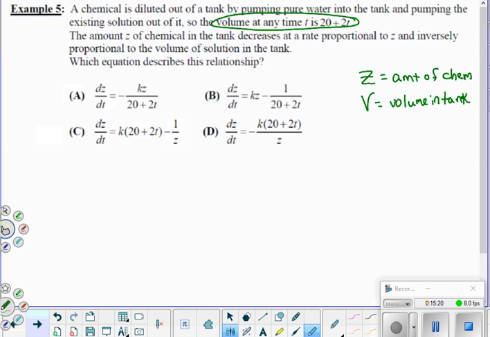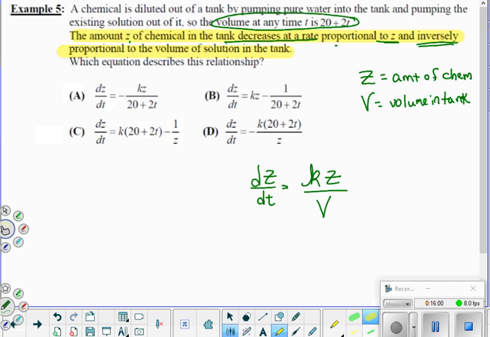So we're trying to write, where's the sentence that leads us into our setup? It would look something like this. The amount Z of the chemical in the tank decreases at a rate. So Z decreases at a rate. So how about dZ dt is equal to proportional to Z, so a kZ, but inversely proportional to the volume of the solution in the tank.